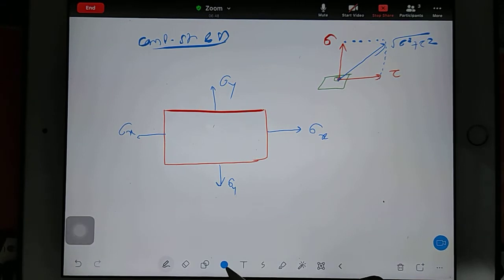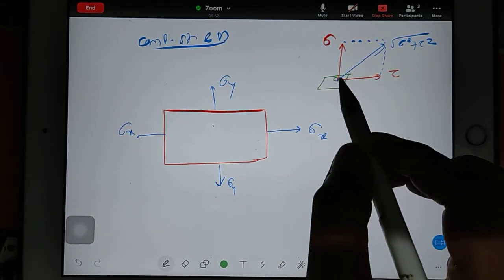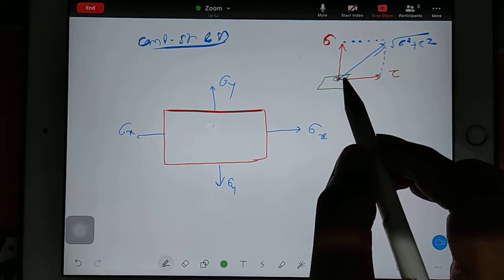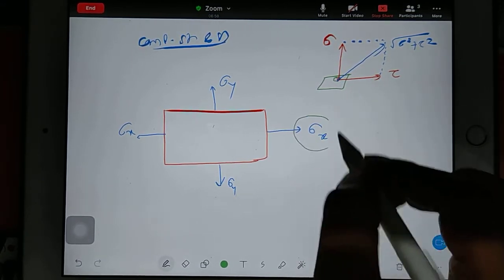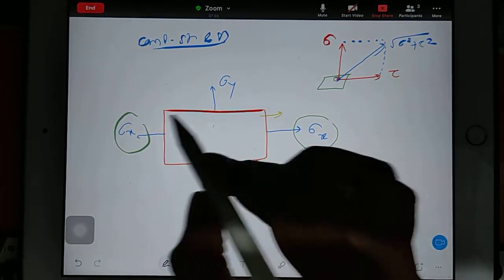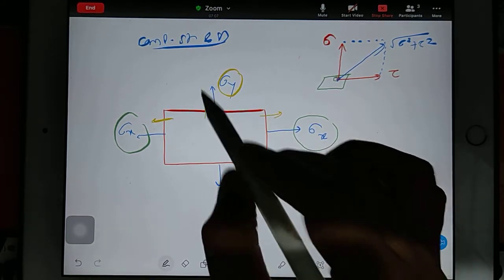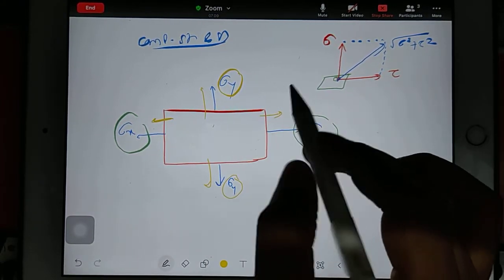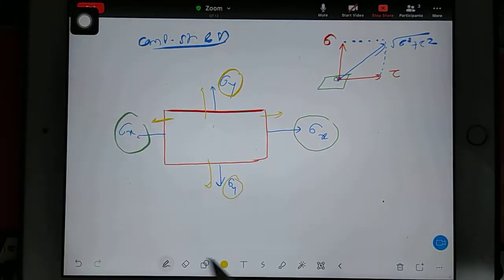You can see from the diagram that all these stresses are tensile in nature. Sigma x and sigma x have a tendency to pull the bar. In the same way sigma y and sigma y also have a tendency to pull the bar. So length will increase in both cases.